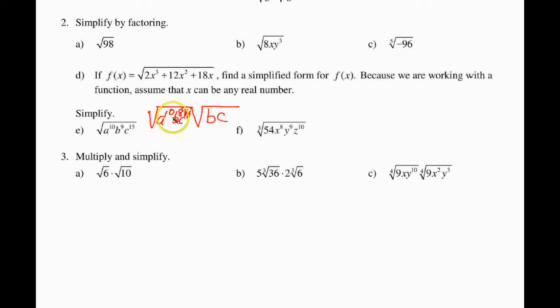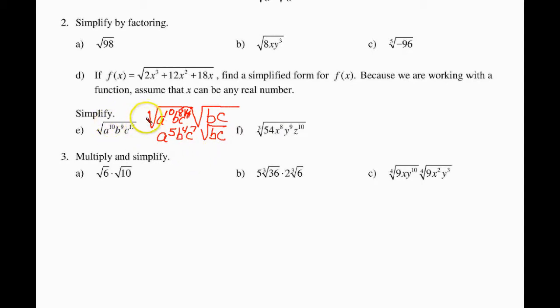So we just now divide these by 2, get a to the 5th, b to the 4th, c to the 7th, and then this is not a parenthesis but a radical sign, the square root of BC.